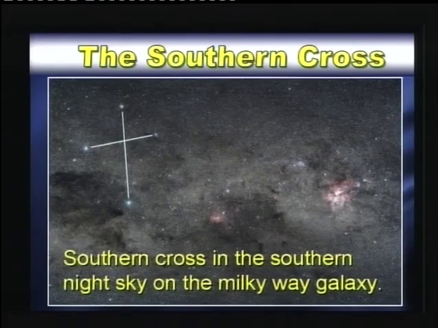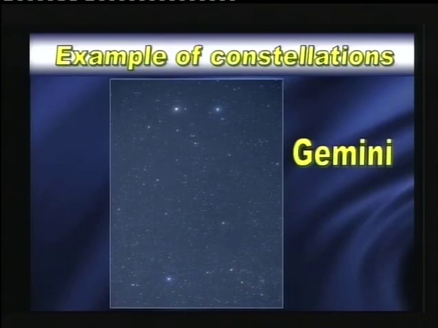The next one, another constellation, Gemini. Some of you were born, and this is your star. What is Gemini? There are stars there, so I would like you to have a look at it closely and follow the lines. That will indicate to you the pattern of the stars in the night sky, which is named Gemini.